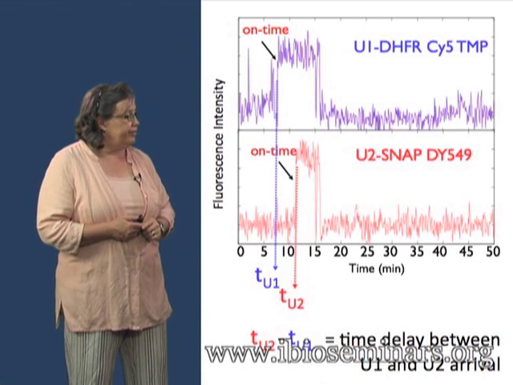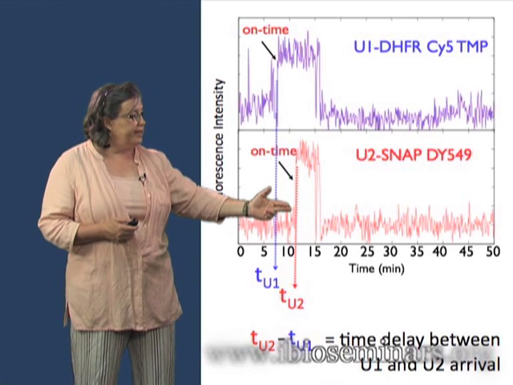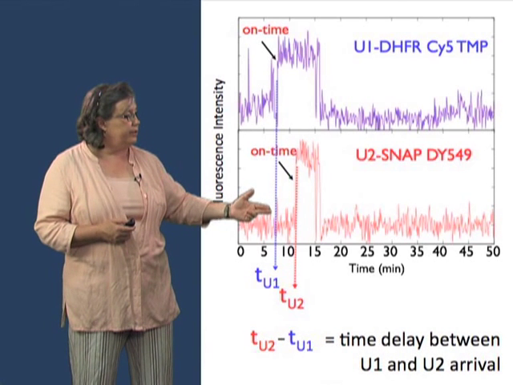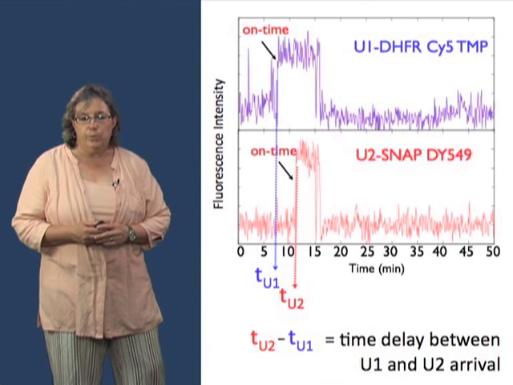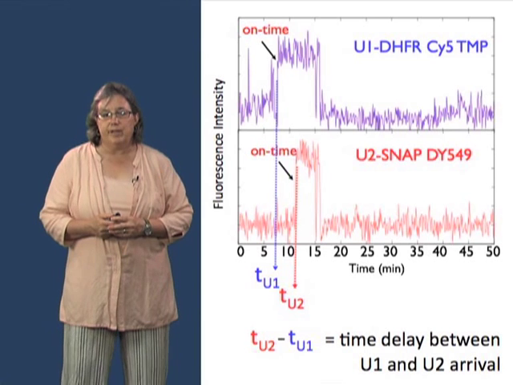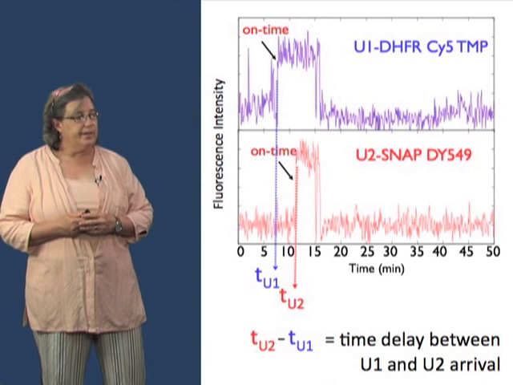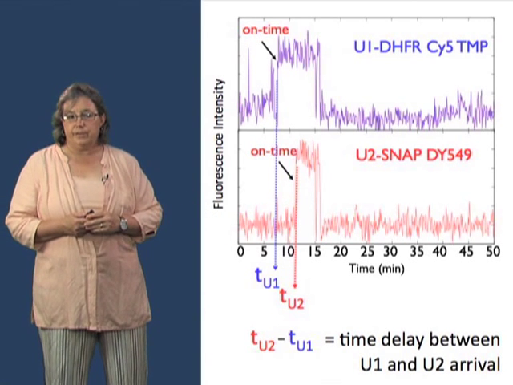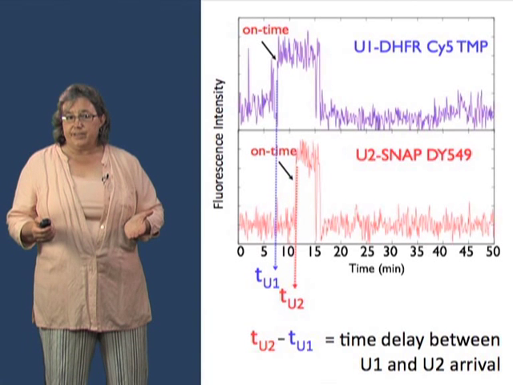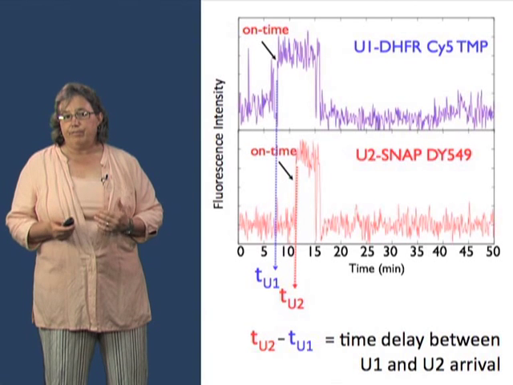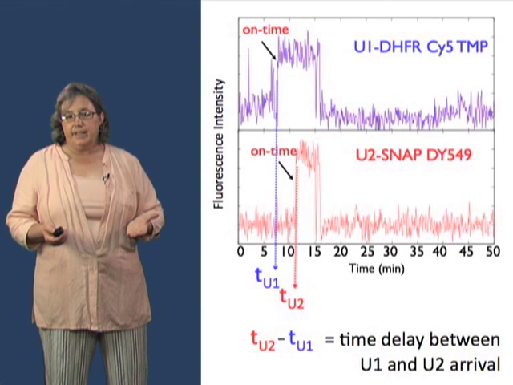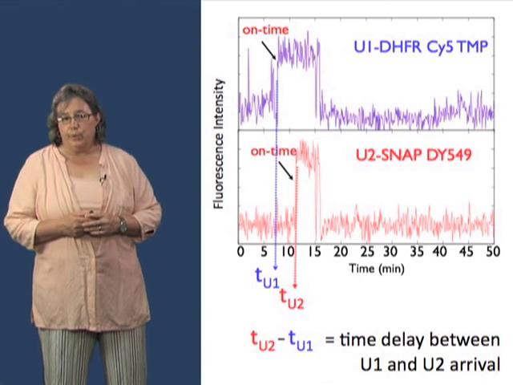But we can quantify this by measuring the on time for both U2 and U1 and taking the difference, the time of arrival of U2 minus the time of arrival of U1, and that's the delay time between the two. If that number is positive, that means that U2 came after U1. If that number is negative, it means that U2 came before U1.